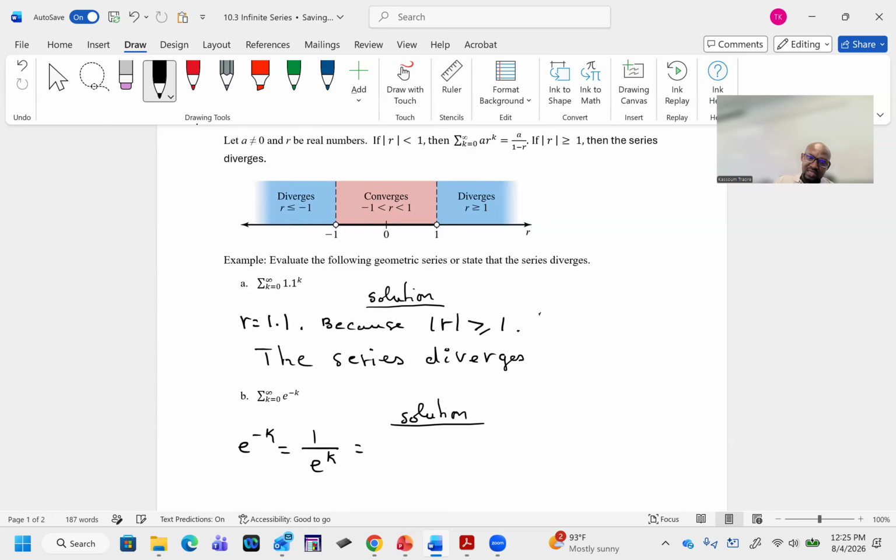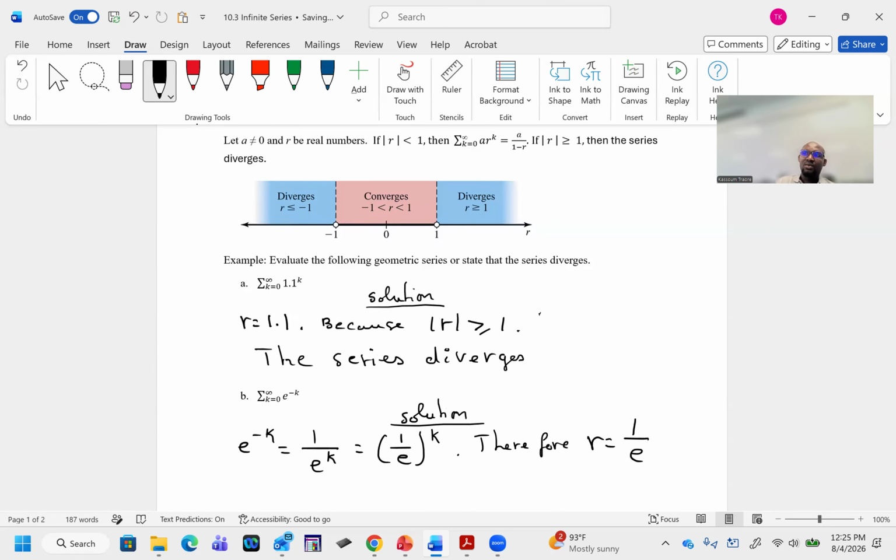Which is the same thing as 1 divided by e, everything to the power of k, right? So from this one, we can see what is our r. r is equal to 1 divided by e.